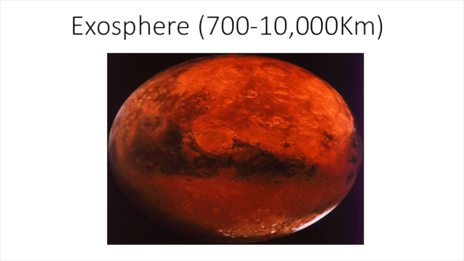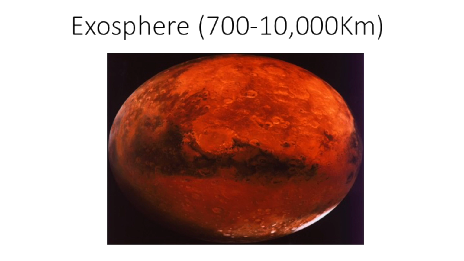And the final part of the atmosphere, before we go out completely, Exosphere. This is 700 to 10,000 kilometers away. And then you're far enough away until you get to the next planet.